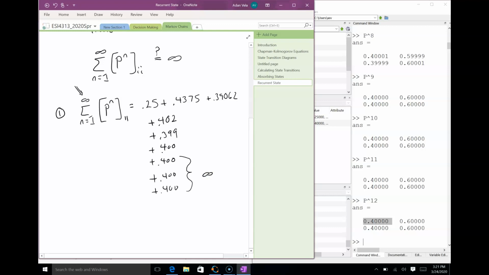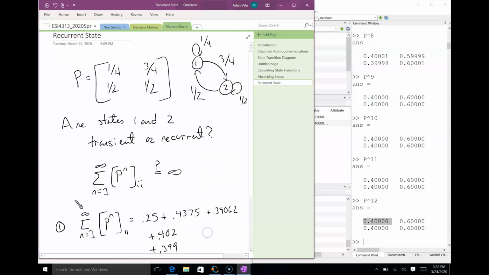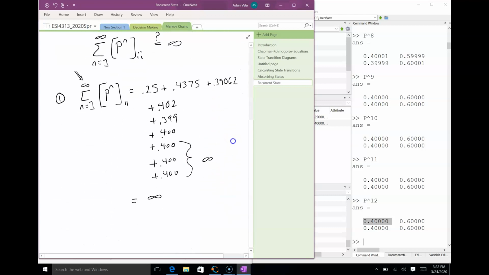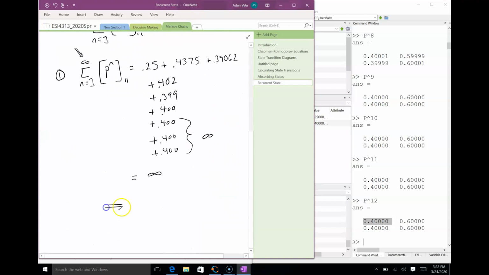If we add 0.4 plus 0.4 plus 0.4, this summation is not going to converge, and so it's going to go to infinity. So this tells us that state 1 is recurrent.